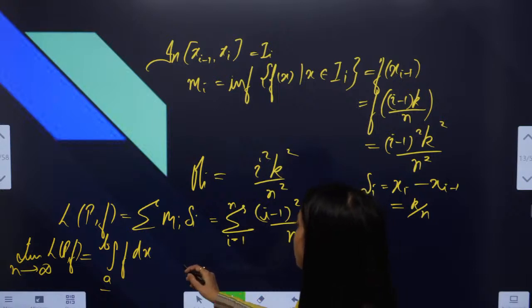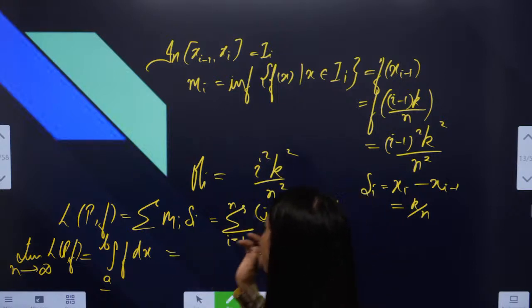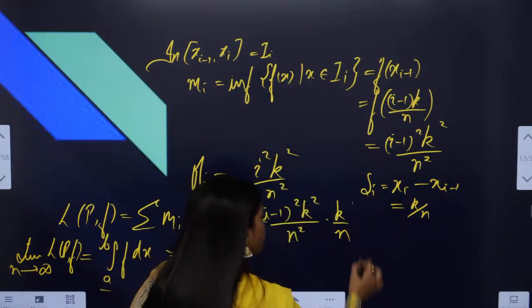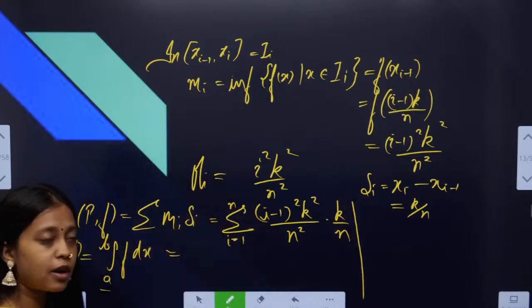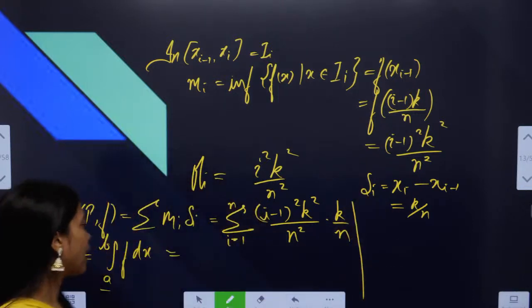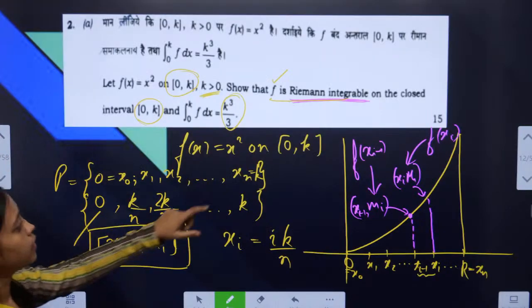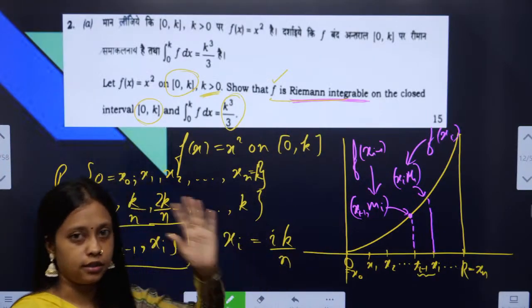So you will get the answer. The same work is required for UPF, the upper Riemann integral. They will be the same and your job is done. F is Riemann integrable.